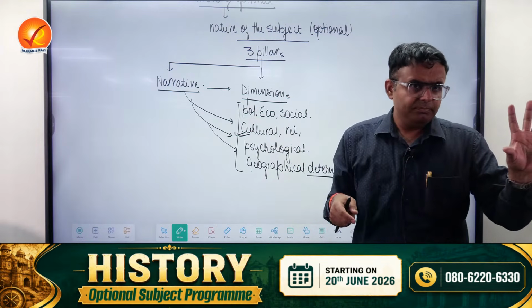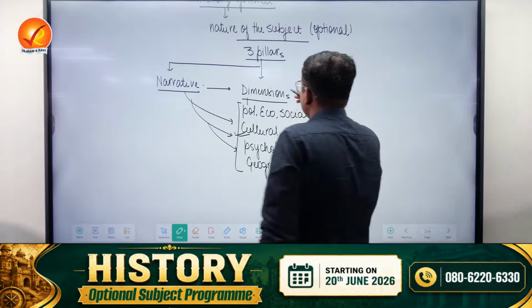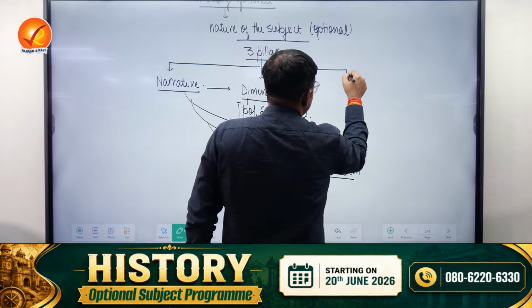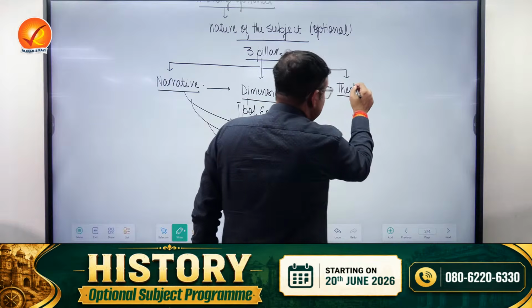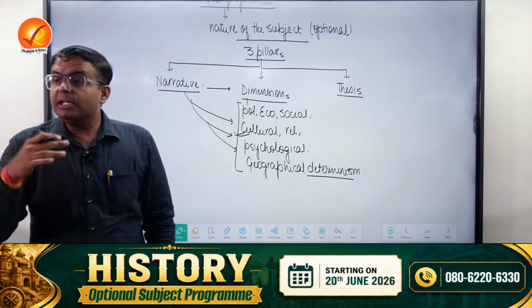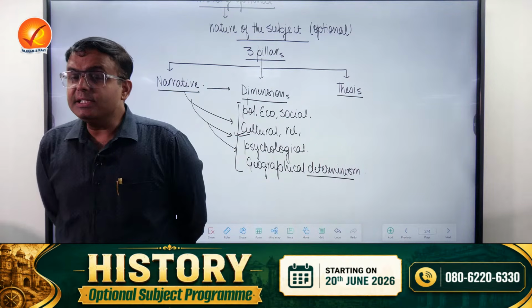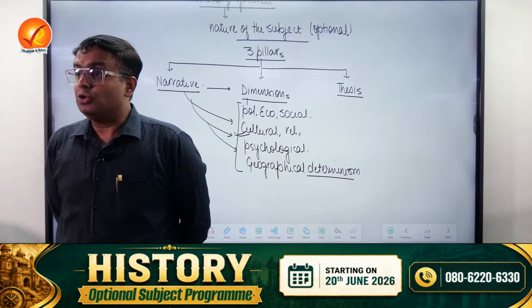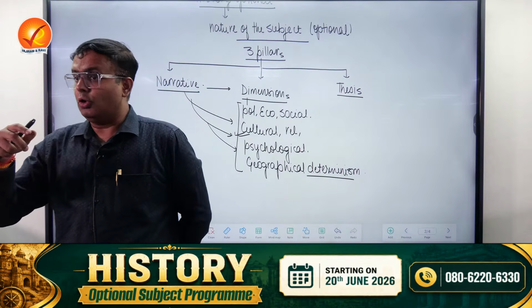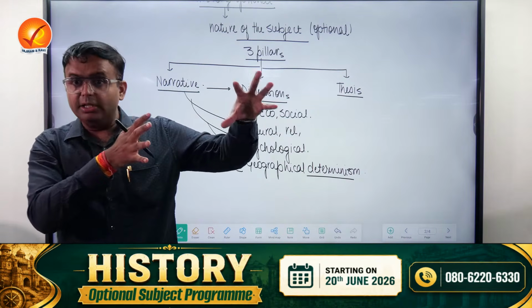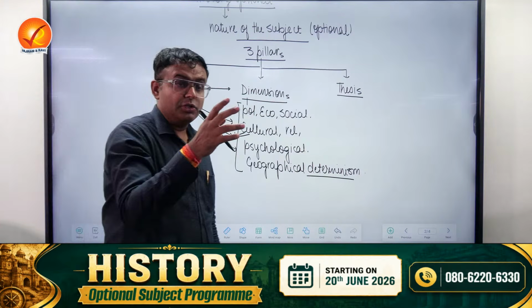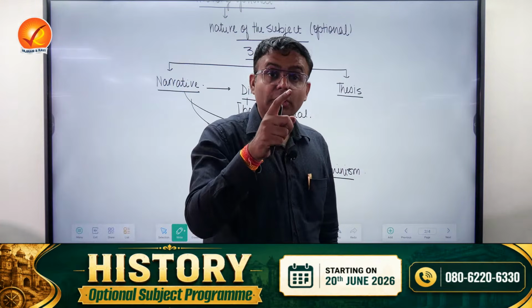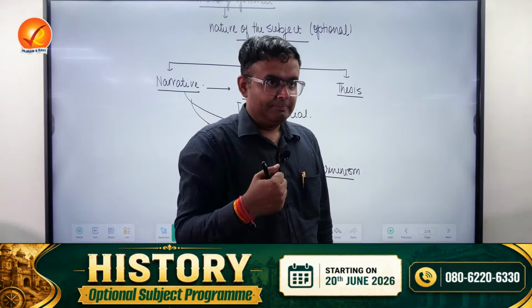Do you understand? And the third part: history is a subject in which there is a lot of thesis. What is a thesis? A thesis means the conclusions or inferences that you draw based on whatever has occurred or based on the evidence, which you call arguments, which you call historiography.